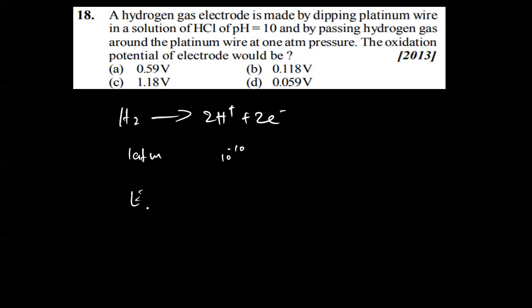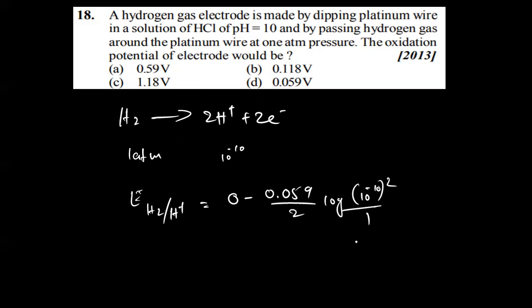Then EMF of H2 bar H plus is equal to 0 minus 0.059 divided by 2 into log of concentration of 10 power minus 10 whole square divided by 1. And why have I considered 0 in place of E naught cell?